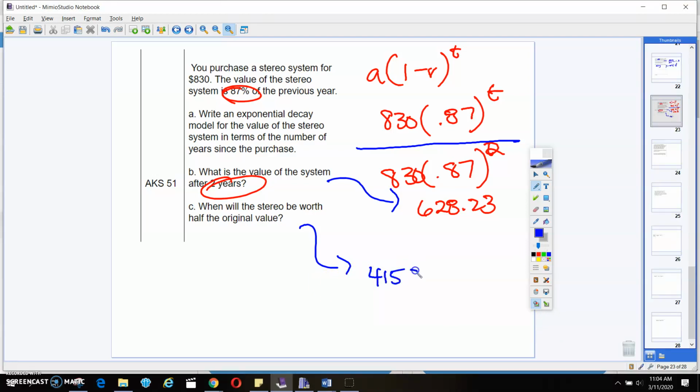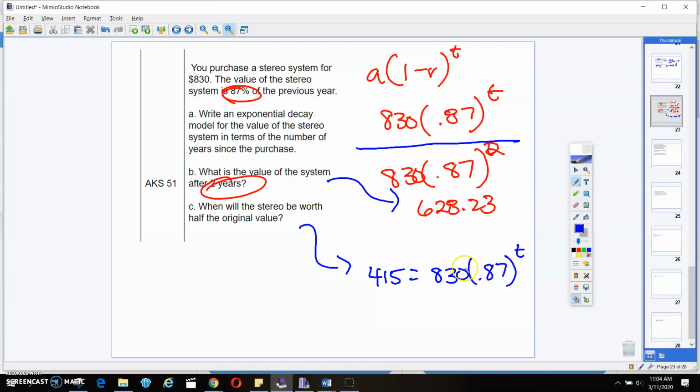415 equals 830 times 0.87 raised to the t power. Now, you can sit there and try to plug things in, or you can use the fact that you know how to do logs. So the first thing you're going to do in order to solve for t is divide by 830 on both sides.